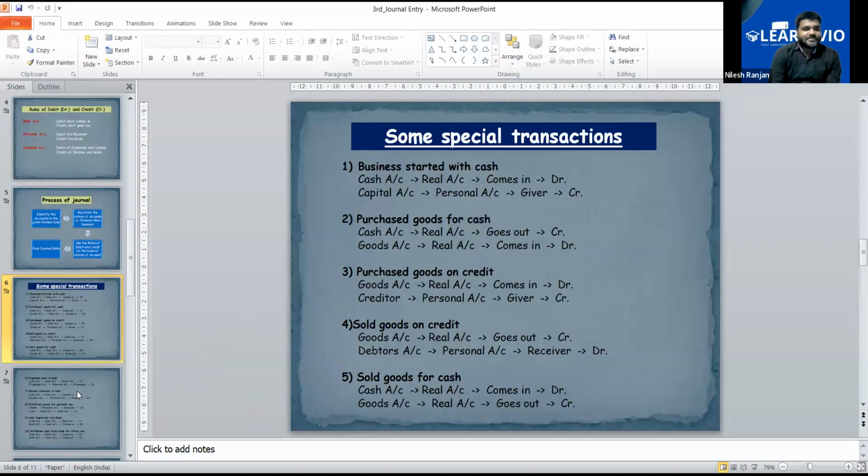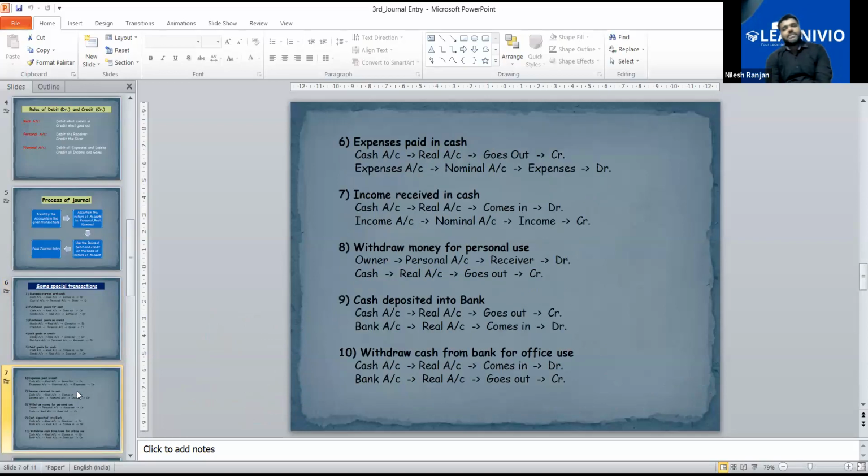Okay, the next is expenses paid in cash. Now here, expenses paid in cash. Expenses is a nominal account. Yes. You remember the types of accounts and the rules?